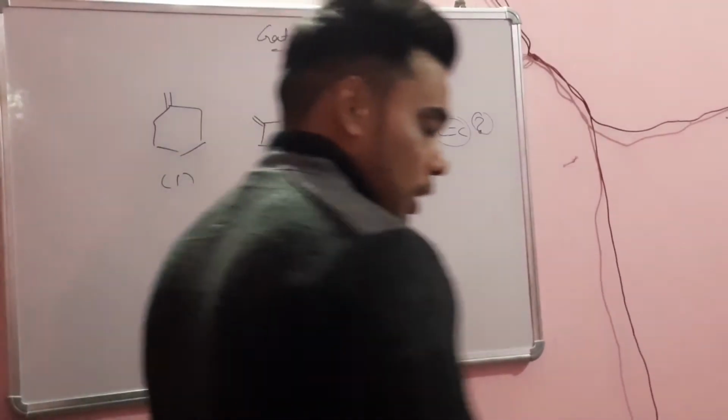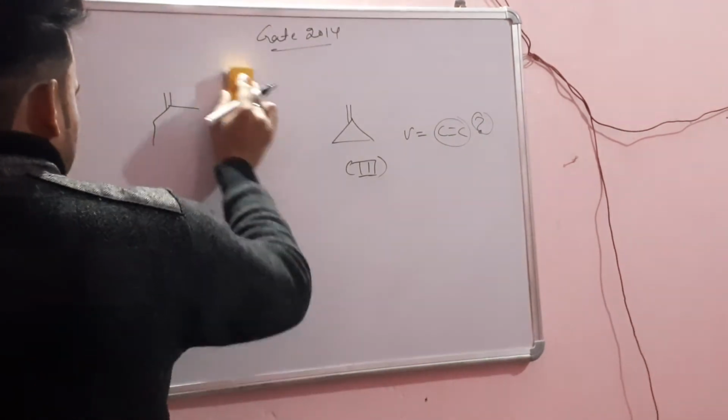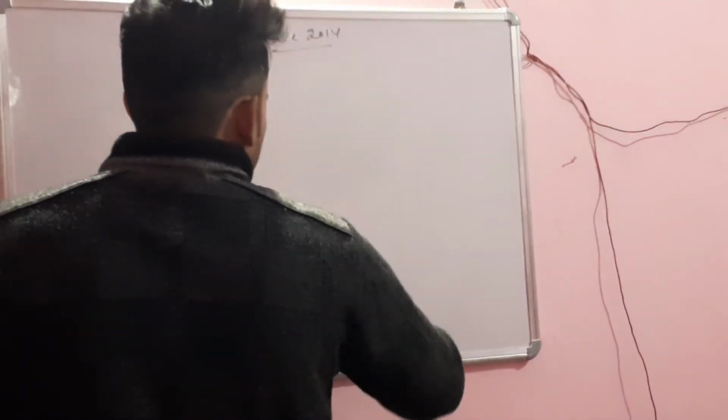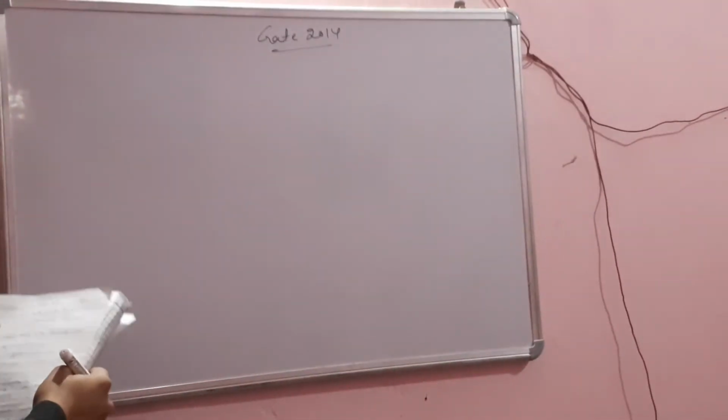The next question is from solid state, and it is also a very simple question. You just have to be very precise in your units and unit conversions. You have molybdenum given in your question.